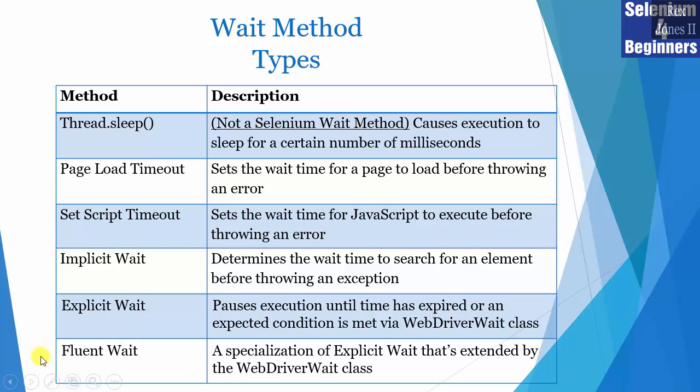Fluent wait is a specialization of explicit wait, which also pauses until time has expired or an expected condition is met. Page load timeout, set script timeout, and implicit wait are 3 built-in Selenium wait methods. All 3 methods are configured using the timeouts interface.